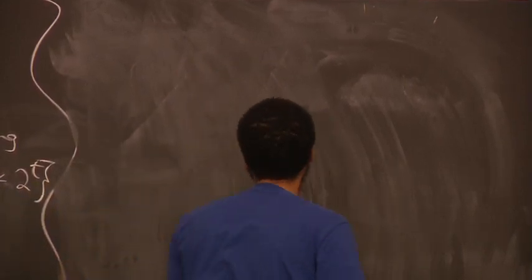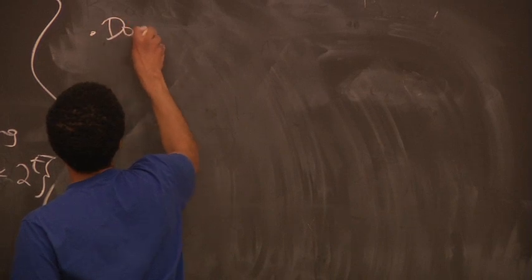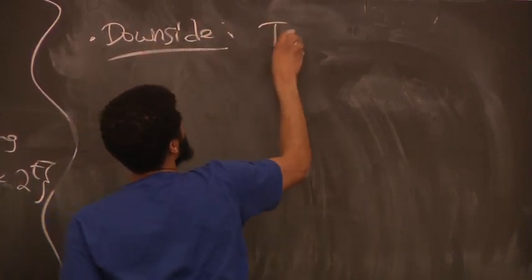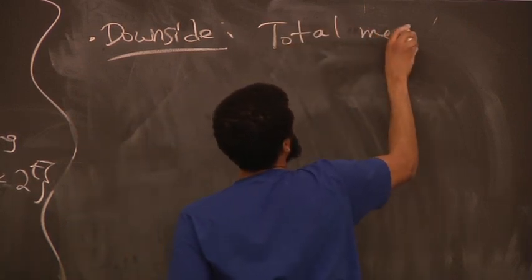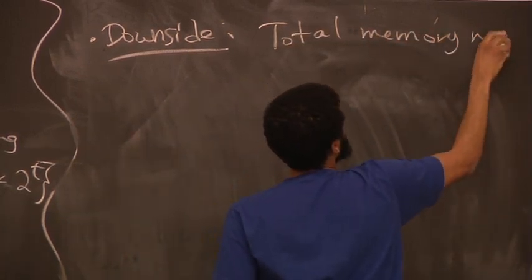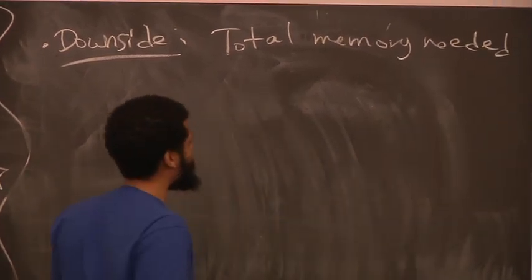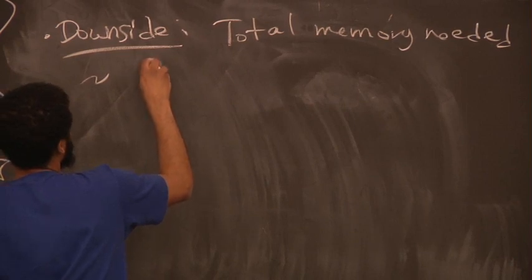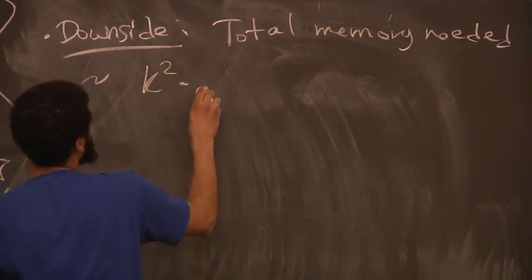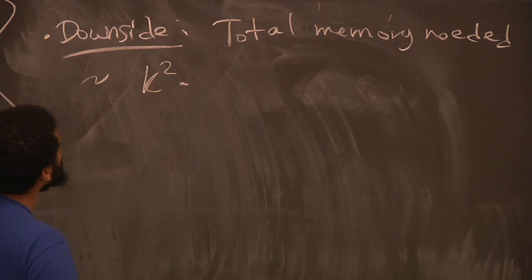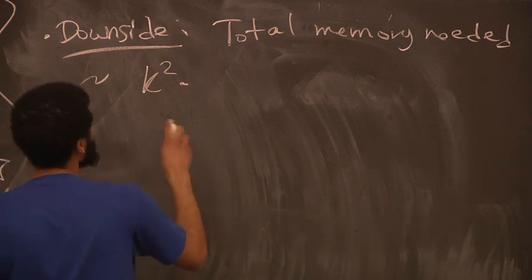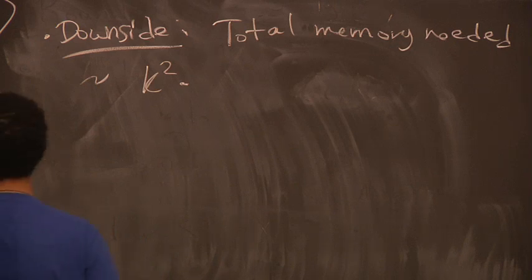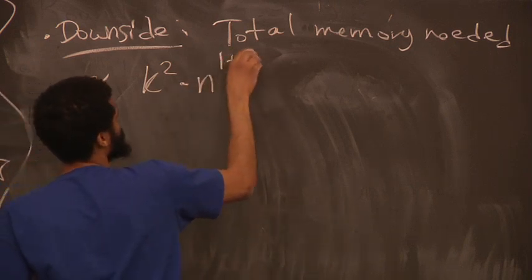There's one downside. The total memory needed is roughly k squared times, I guess, n over k, k squared times this thing, n to the 1 plus c over 2.